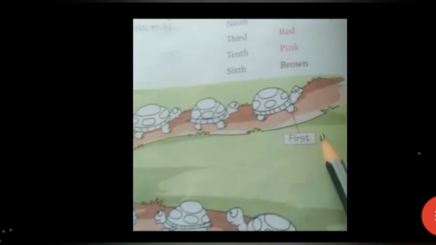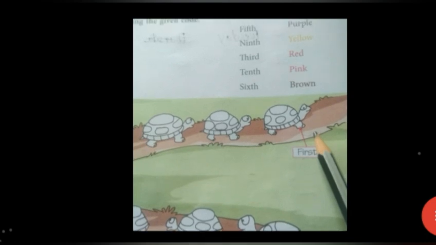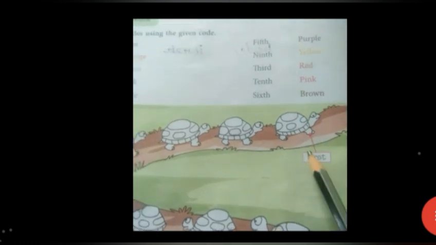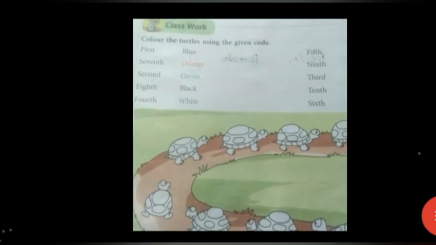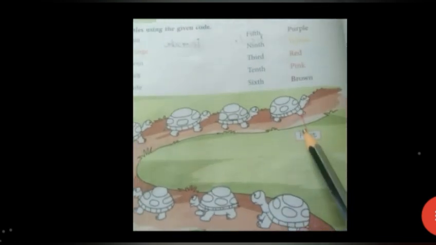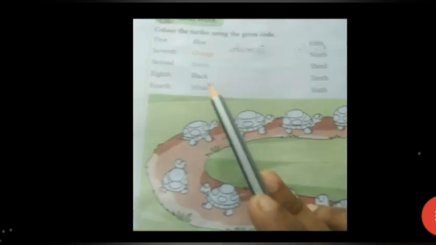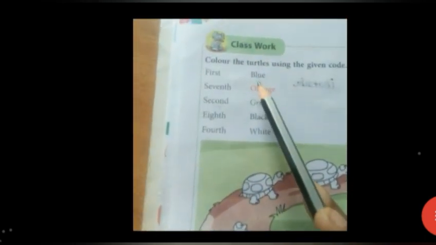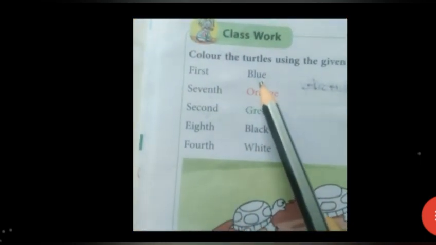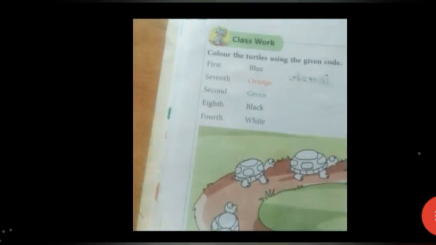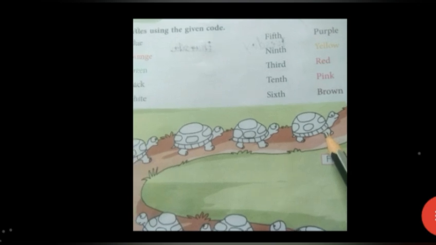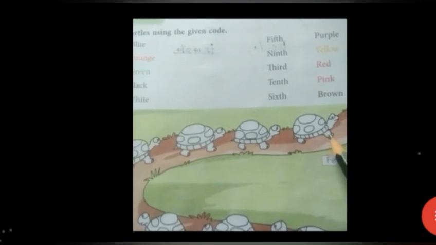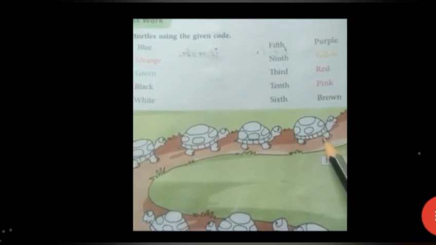The first one is this tortoise. This is the first tortoise, so you can give it color. Are you ready for coloring? Take your color. Which color is given for the first tortoise? Blue color. Take your blue color and color this first tortoise blue.